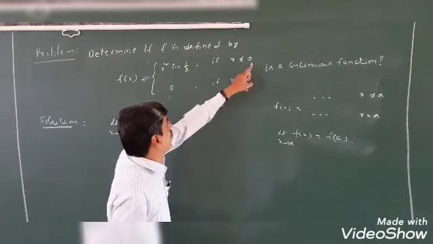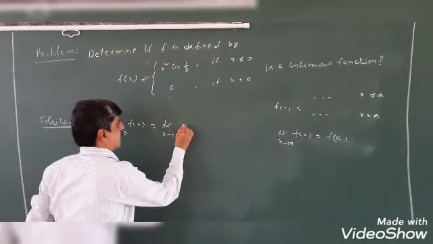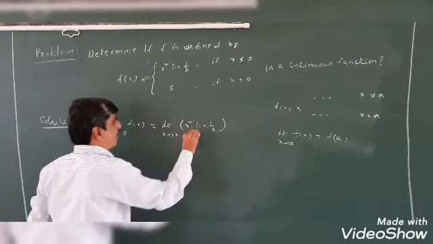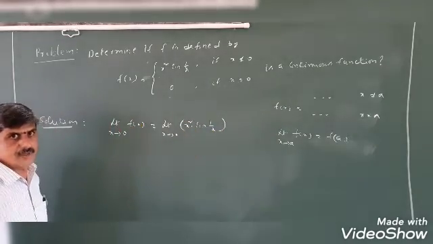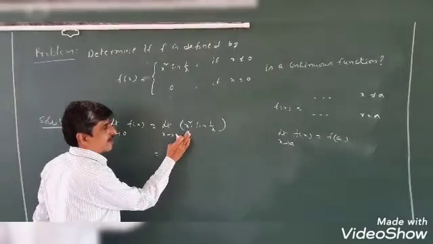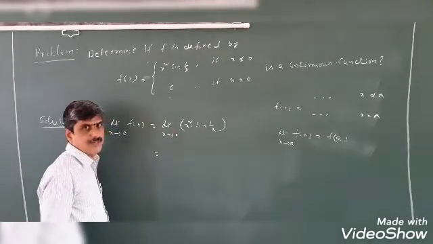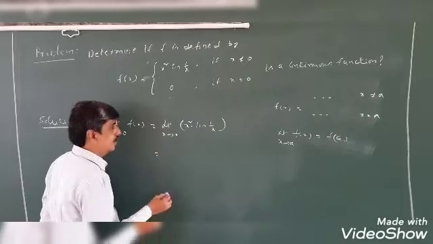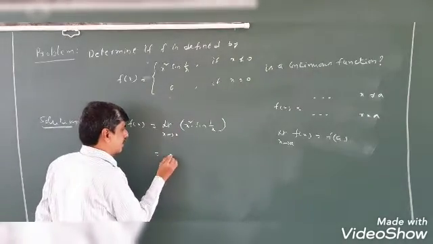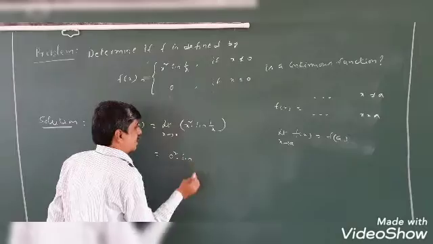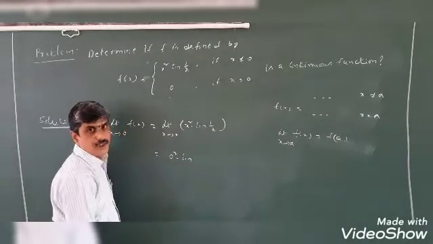If x is not equal to 0, the function is defined as x squared into sine of 1 by x. So this is limit x tends to 0, x square into sine of 1 by x. Write 0 in the place of x, so this is 0 square into sine of 1 by 0.